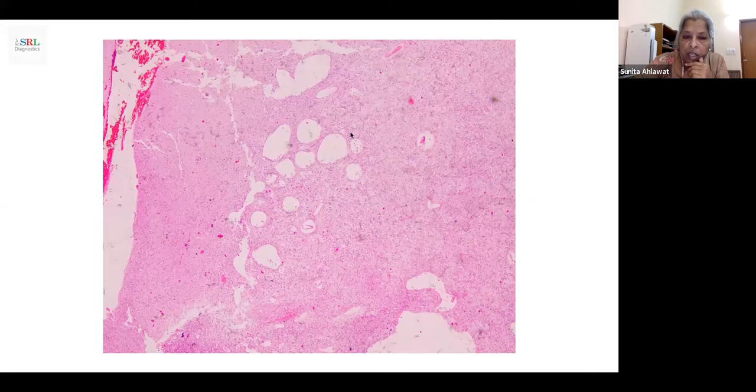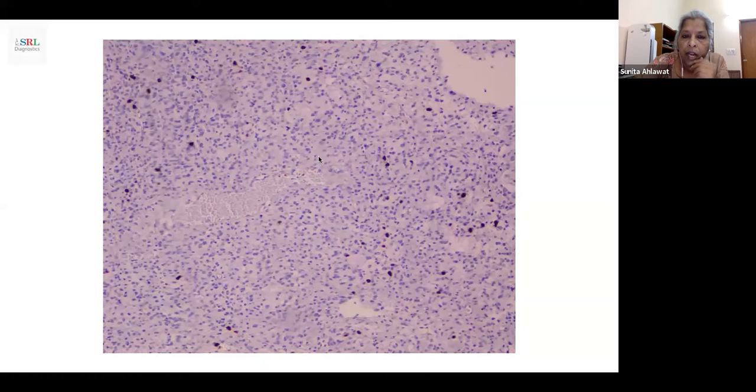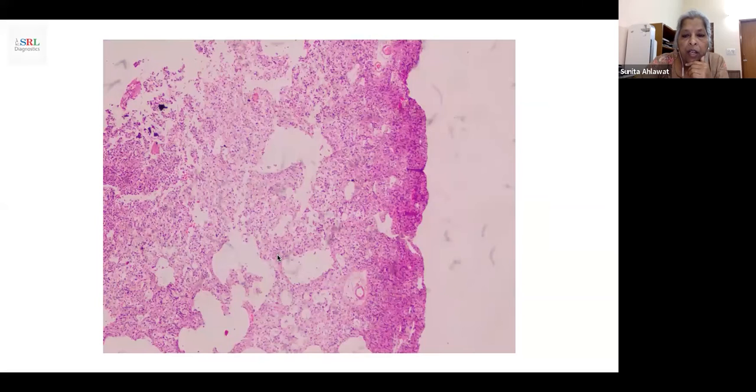These tumors show moderate cellularity with cyst formation, and the grade 2 tumors show less than 4% Ki-67 labeling index. Grade 3 may show areas of moderate cellularity, but you have foci which are more cellular.